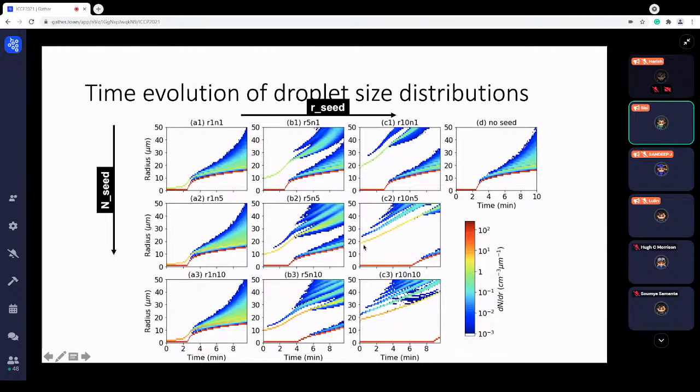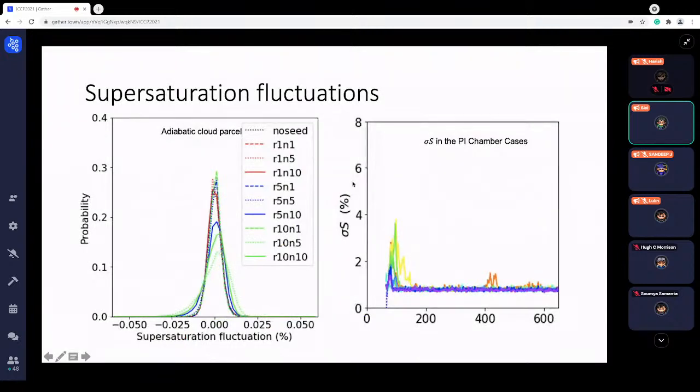We also found that in regions free of entrainment and large-scale mixing, supersaturation fluctuations are fairly small. The left panel shows the PDF of supersaturation fluctuations of the 10 cases. If we see the x-axis, their magnitudes are very small compared to the mean supersaturation, which is on the order of 1%.